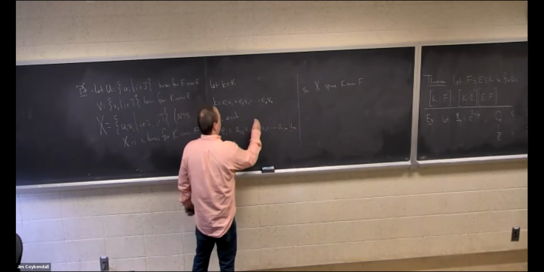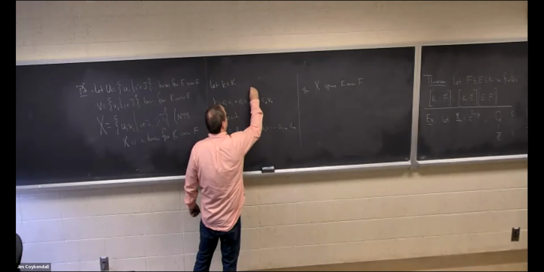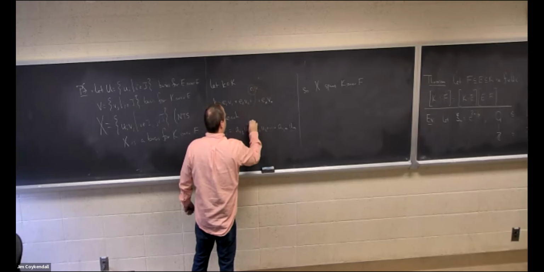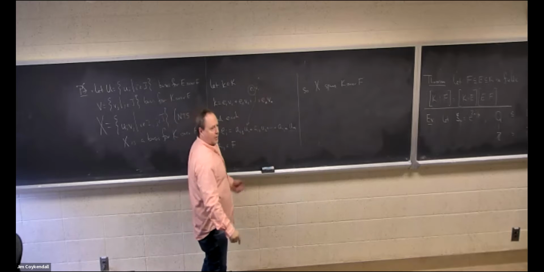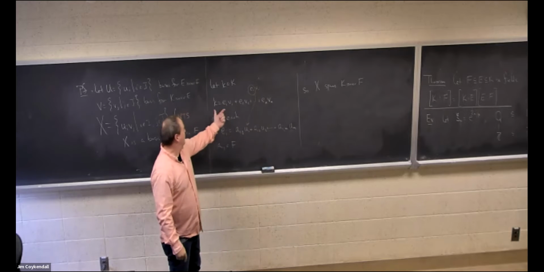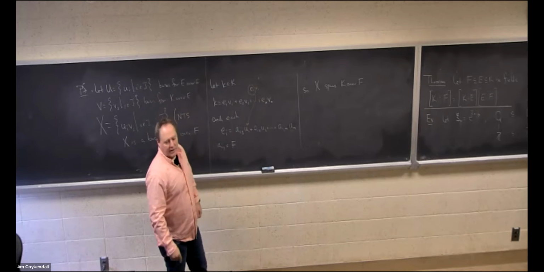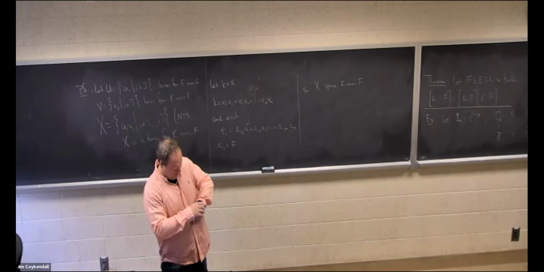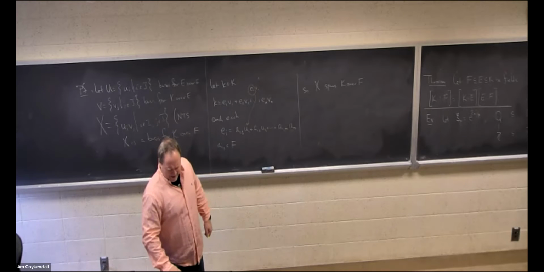For each e_i, we replace the e_i with this, multiply the b_i through, and basically you get the k as a linear combination of the products.